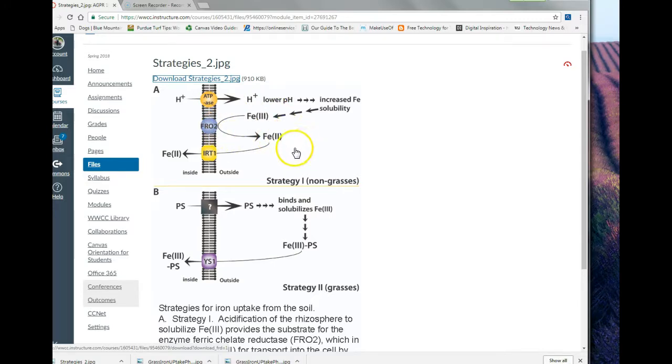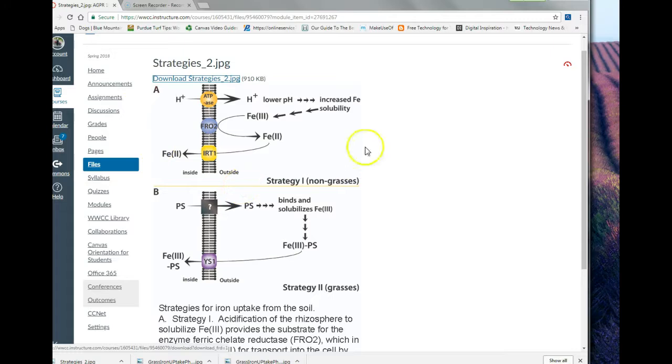So acidification of the rhizosphere to solubilize the Fe3+ provides substrate for the enzymatic ferric chelate reductase, which is right here, so it's reducing it, which in turn provides the Fe2+ for transport into the cell by this protein, the IRT1. So lowering the pH makes Fe3+ soluble, we get the ferric chelate reductase reducing Fe3+ to Fe2+, and then we have the IRT1 protein that allows it to go into the cell.